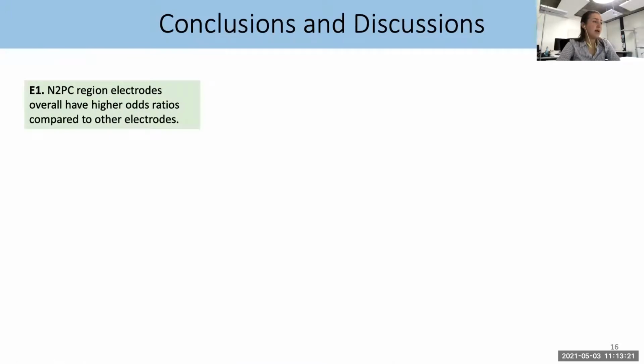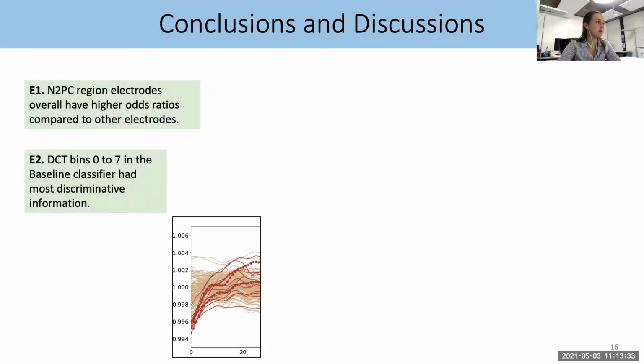So to highlight the evidence that we found, one, N2PC regional electrodes overall have higher odds ratios compared to the other electrodes, which makes sense and follows the traditional methods. The DCT bins from 0 to 7 in the baseline classifier have the most discriminative information for that classifier.